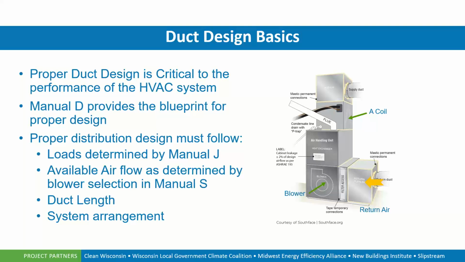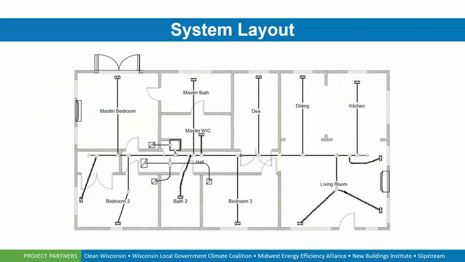Is our ductwork properly sized for supply and return? Supply going out, return coming back in. What restriction do we have in place by our filter? These are all taken into consideration during the Manual D process so that we can ensure proper airflow.